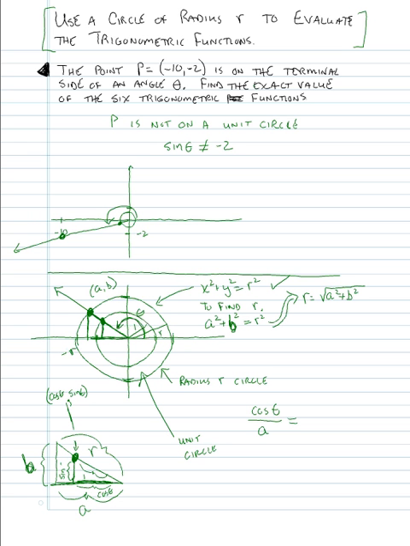The hypotenuse of the small triangle is 1 because it's on the unit circle, and the hypotenuse of the large triangle is r. When we solve this, let's multiply both sides of this equation by a: the cosine of theta is equal to a over r. And remember, a is the x value of the point that we know is on the terminal side, and r is the value that we calculate right up here.